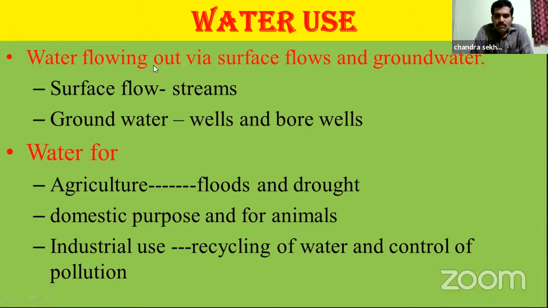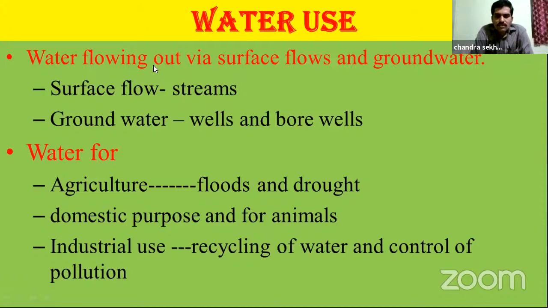Next, why do we need water? For what purposes do we need water? What are our requirements for water? The first one is agriculture. Farmers need water to cultivate crops.